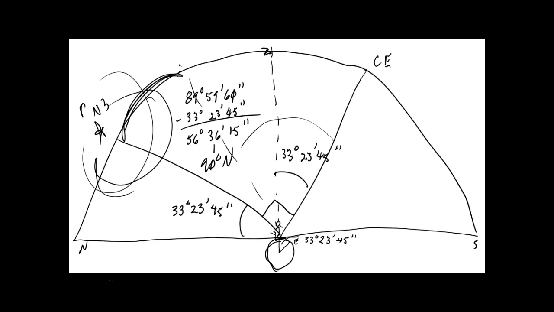So guess when we're going to see Mercury and Venus most likely, if we see them at all? Just before sunrise or just after sunset. Those are the two times we're going to see them.